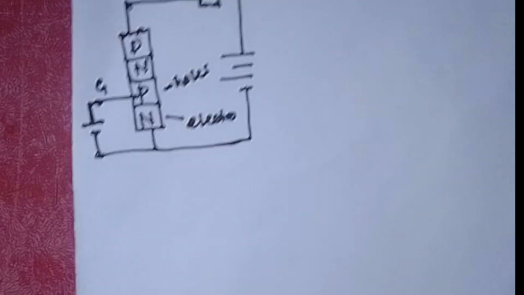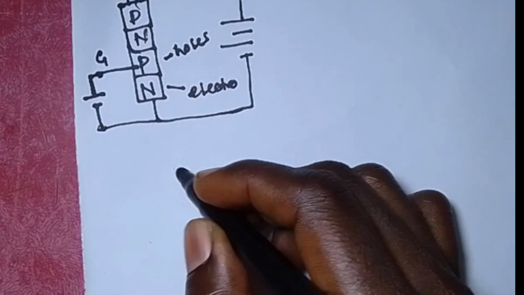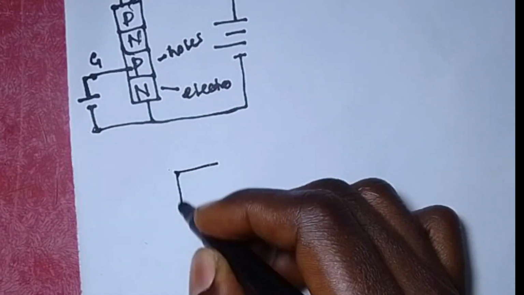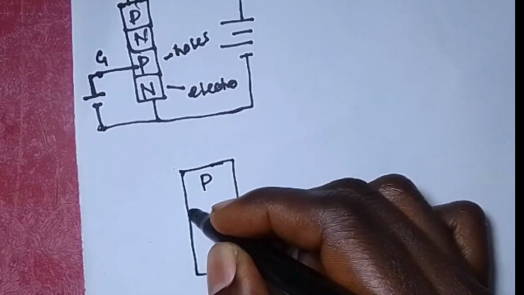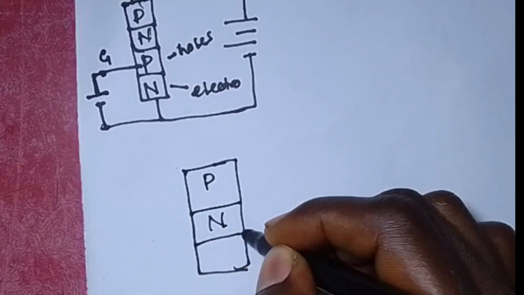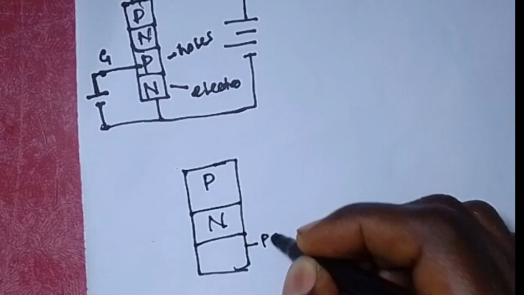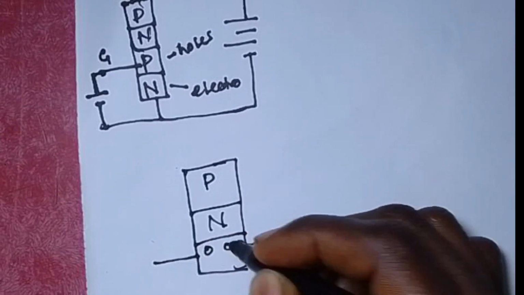Looking at the circuit the way they have drawn it, this is the p-type. Here we have an n-type. The p-type at this point is where the gate is being connected. I'll draw holes there.